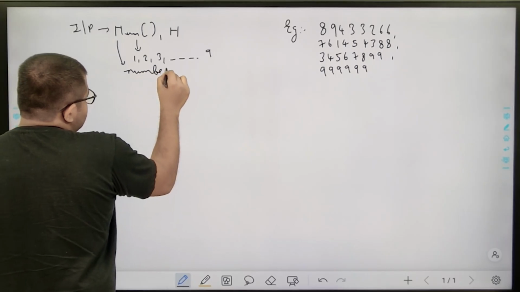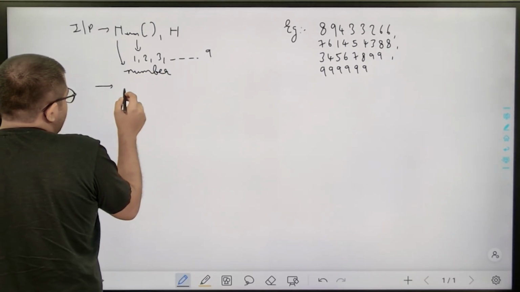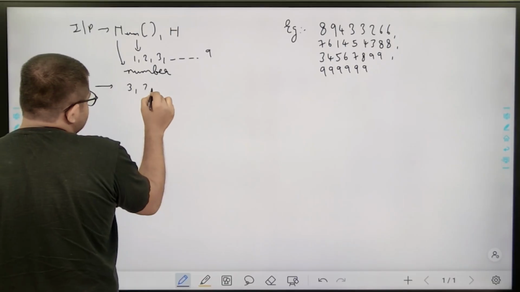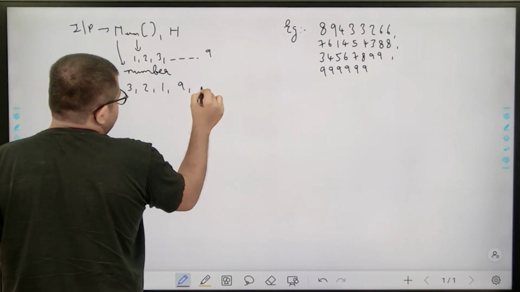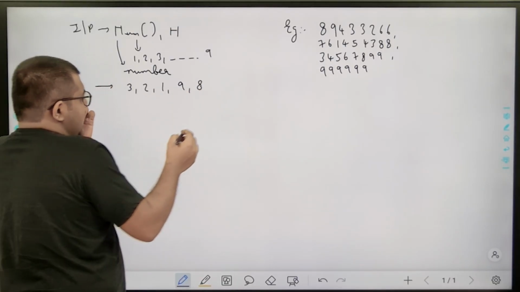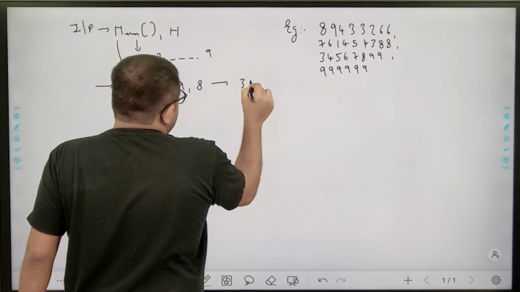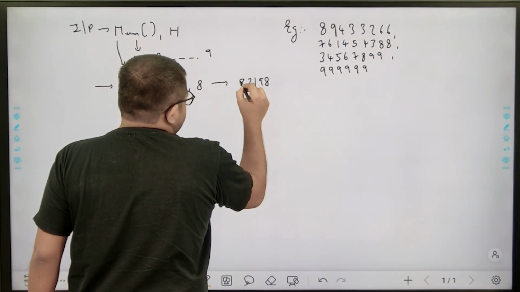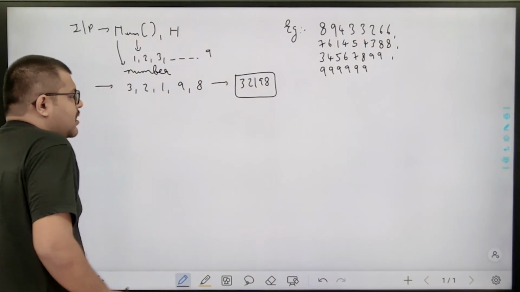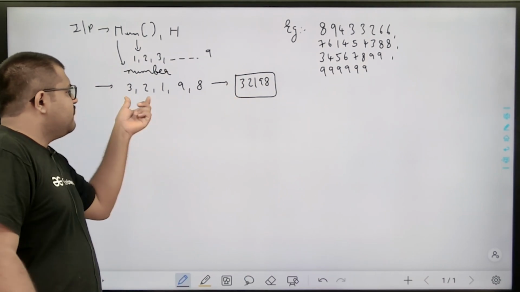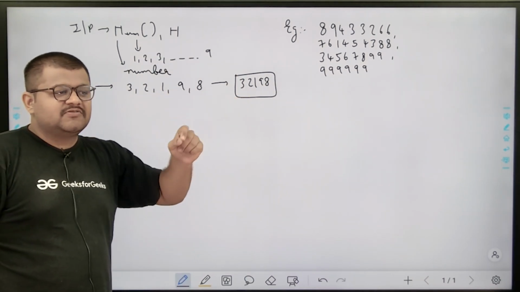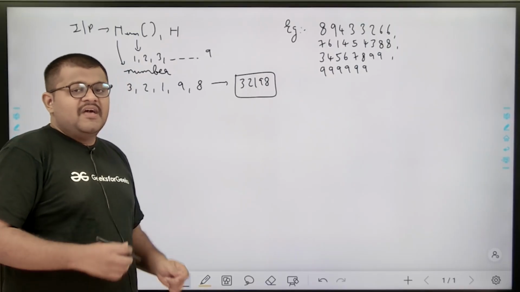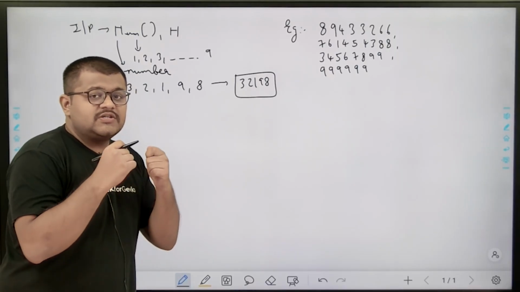So suppose I have an array whose first element is 3, second is 2, third is 1, then 9, then 8. So this array is representing nothing but 3, 2, 1, 9, 8. It is basically representing this number. So we are given a number in the form of an array where each element is one digit of the number. We need to find the next smallest palindrome.